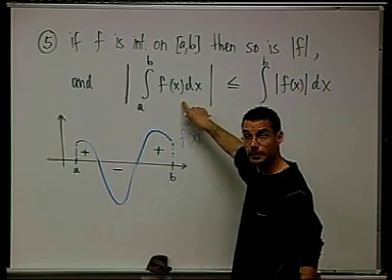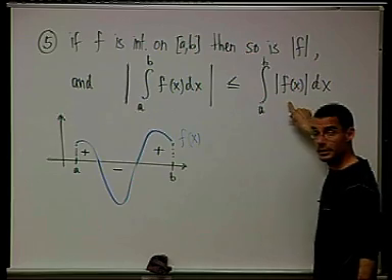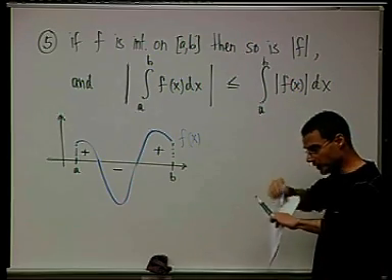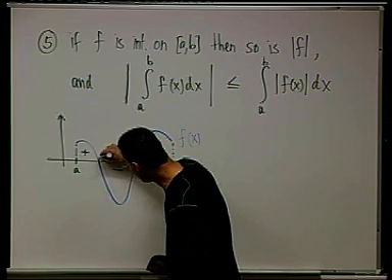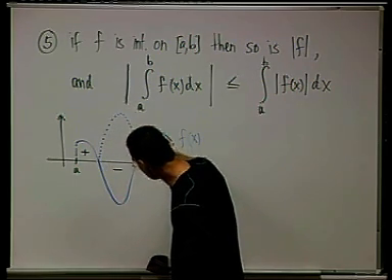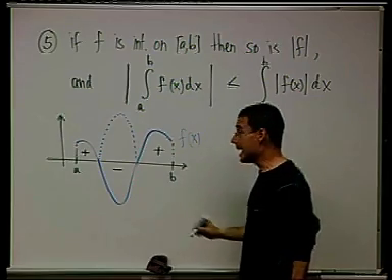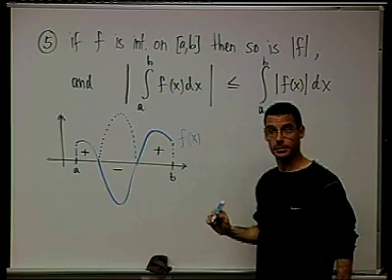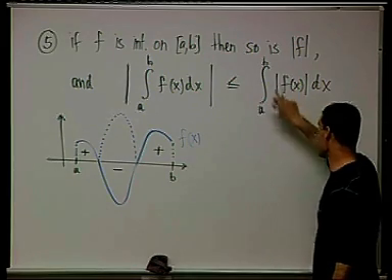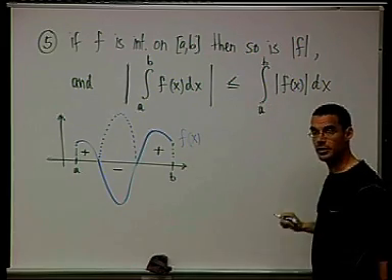That's this thing. What's this thing? This thing is first take the absolute value of the function. So whenever it's negative, you do this. Do you agree? And then add up the areas all in plus. That's the integral of the absolute value of the function.